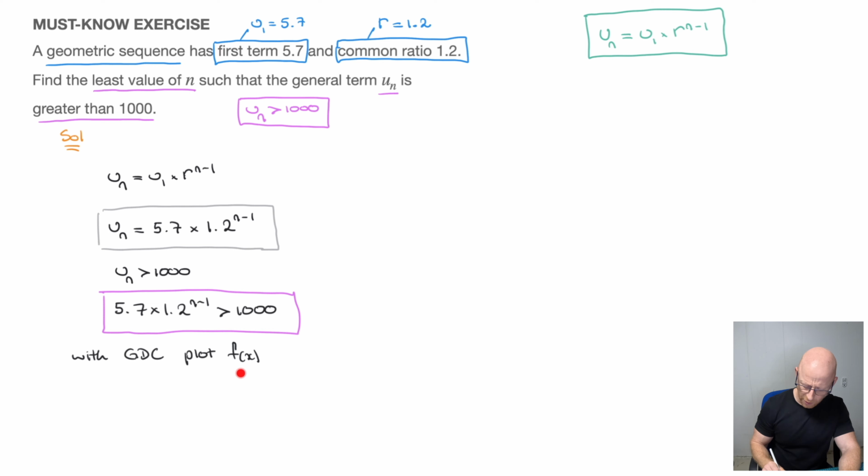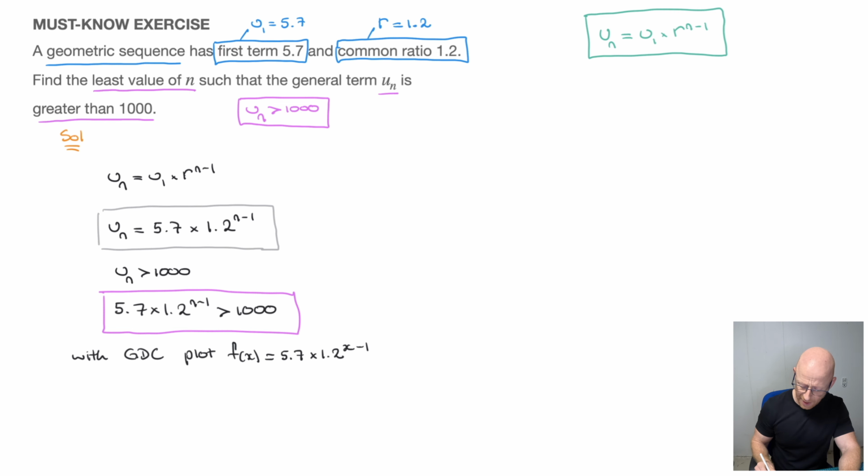The function we're going to plot is defined using the expression for the nth term we have here, which is the same thing as what we see on the left-hand side of this inequality. Mimicking this expression for the nth term of our sequence, we can define the function which will be 5.7 times 1.2 raised to the power of x minus 1.